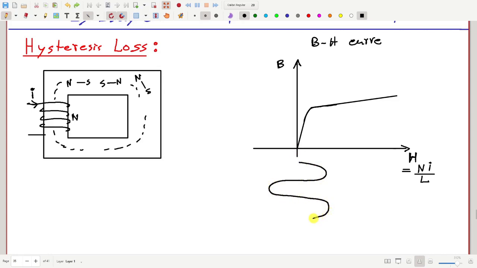So the x-axis is basically proportional to current. If this is my time direction and this is the current I, and this current is varying, how will this flux density vary? You may extend this graph symmetrically along the negative side.